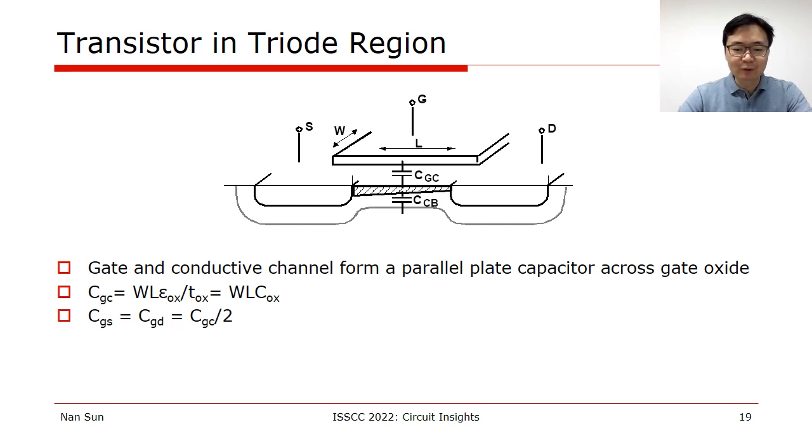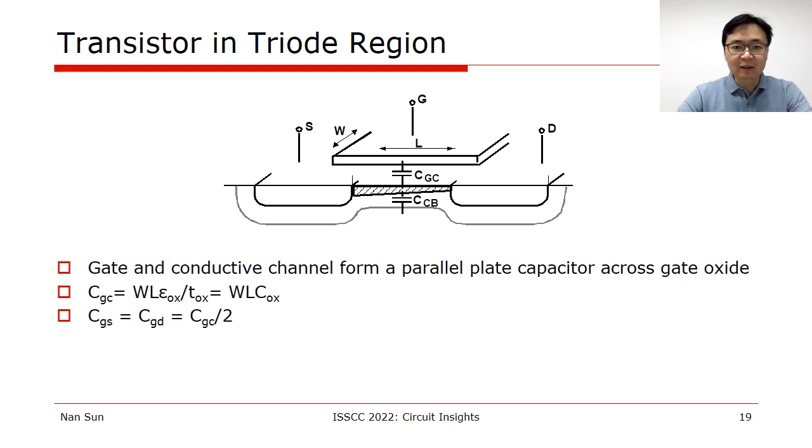When the transistor works in the triode region, the source and drain nodes are connected via a conductive channel. In this situation, the gate and the channel form a parallel plate capacitor across the gate oxide. The capacitance can be easily calculated using the parallel plate formula, and it's quite easy to show that the total channel capacitance is given by W times L times Cox, where Cox is the unit capacitance, given by epsilon ox divided by Tox, which is the thickness of the oxide.